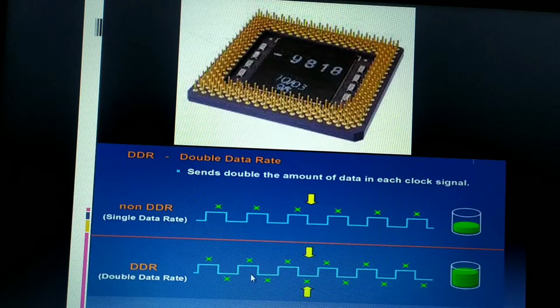Obviously this will be the fastest data transfer between the random access memory and the CPU for the processing purpose. Non-DDR is nothing but the normal RAM slots like DIM slots or synchronous dynamic random access memory. So just to make you understand, I'm showing these images.